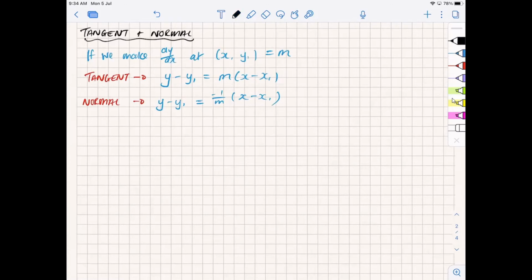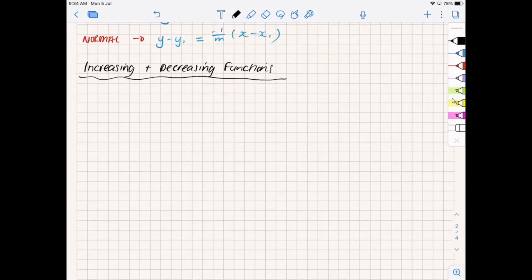Right, then we learned about increasing and decreasing functions. Who can tell me, if it's an increasing function, what can you tell me about it? f'(x) equals 0 and f''(x) is negative? No, that's not an increasing function.